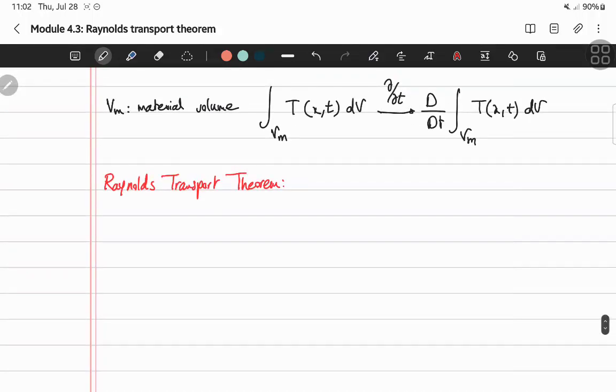So we're going to calculate this material derivative, because if we calculate this, we will be able to find how this parameter is changing with time.